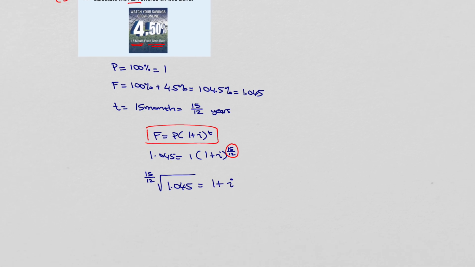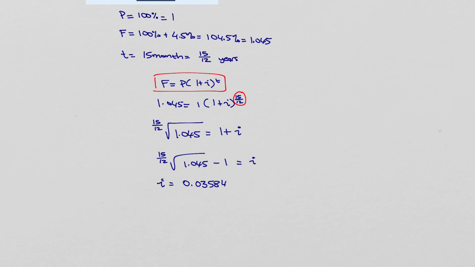And therefore, if I take 1 away from both sides, then that gives me i is equal to 0.03584. And therefore, if I write that as a rate, then the rate is going to be our annual equivalent rate. So multiply by 100. If I multiply by 100, I end up with 3.584%.